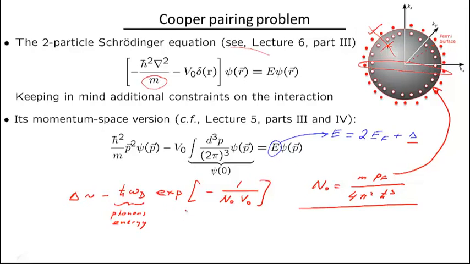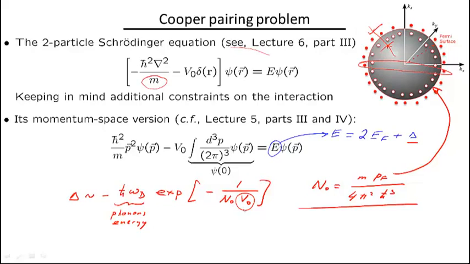What I want to emphasize, first of all, is that there is a solution, which is great. The electrons indeed can find a way to lower their energy by forming these bosonic Cooper pairs that eventually form the superconductor. But what is not so great is that this small interaction energy appears in the exponential as minus 1 over V naught.